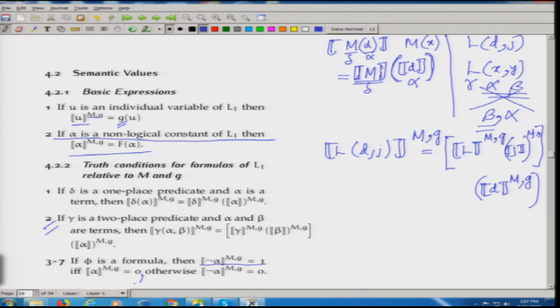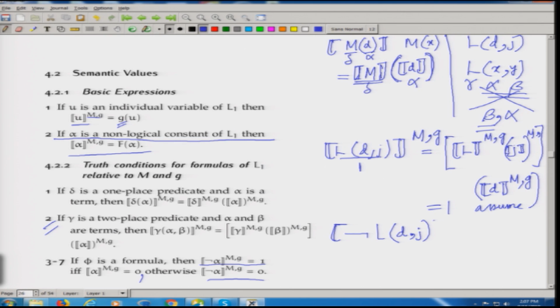Otherwise, it is 0. So, what does it say? For example, I do not know whether D likes J. We do not know whether D likes J, but the point is, suppose this is true, suppose this is 1. Then what will be the denotation of neg L D J?